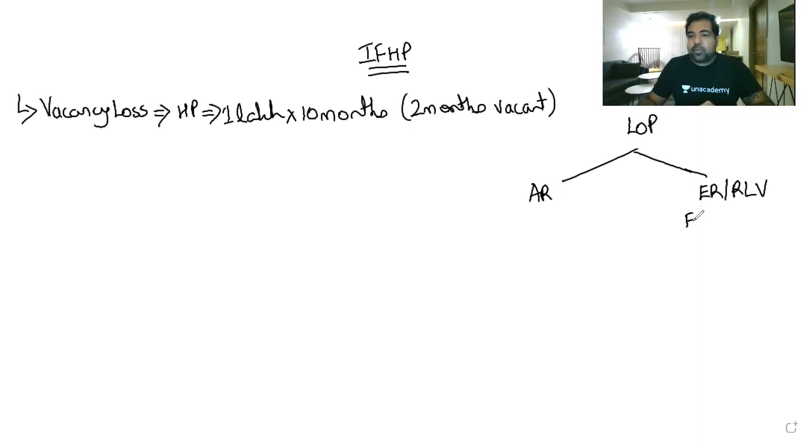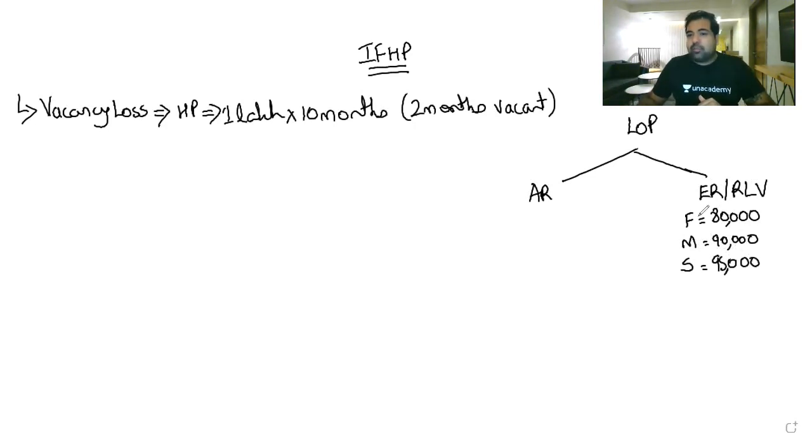They compare the fair rent and the municipal value, and they say that it should not be more than the standard rent. So let's say the fair rent of this house is 80, the municipal value is 90, and let's say the standard rent is 95.